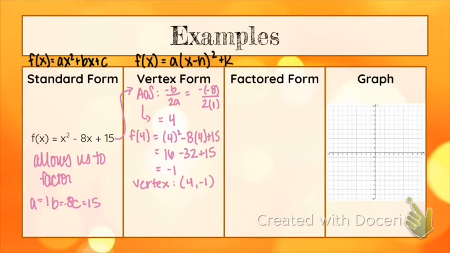And then factored form is f of x equals x plus m times x plus n. Actually, let's not use a because they're not interchangeable. We'll use m and n because these two numbers are not related to the a's and b's that we use in the other parts.